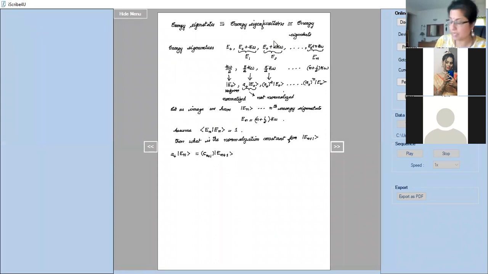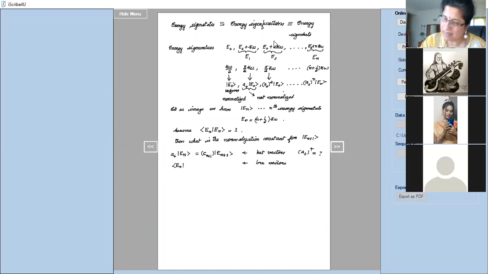Now here we have written the ket vectors, right? These are the ket vectors. Let us write down the bra vectors. When we want to write down the bra vectors, what will we have? We will have essentially En going to En. But then what happens to A plus? You have to take the A plus dagger, the transpose conjugate of A plus. What is A plus dagger? A minus. Very good.